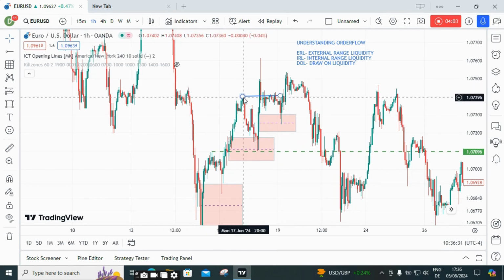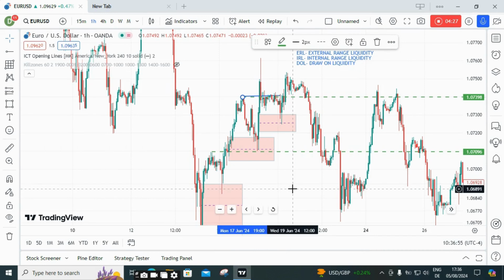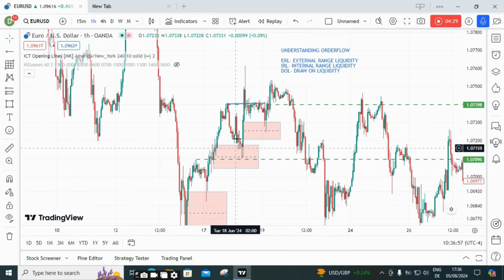It again moved higher and we had no specific draw on liquidity apart from this swing high on the left. When price started trading lower into this order block, it gave us an opportunity to have a draw on liquidity that we could probably take our profits upon involving ourselves in the market. If you took a buy here, you would offset your buys from this swing high, or you would break even from this swing high. We again see that the market moved higher.